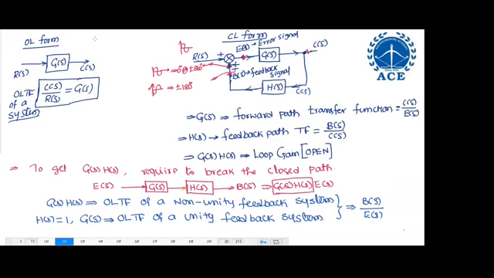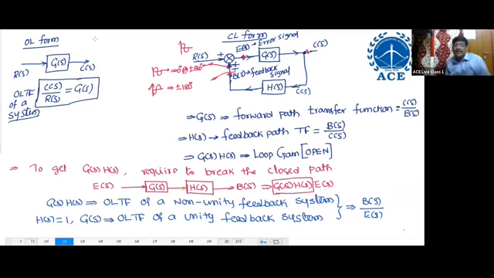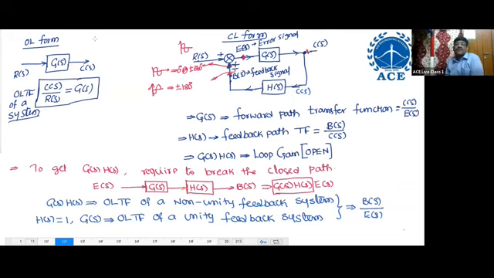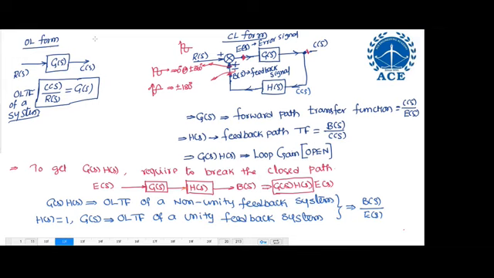Sir, I have a doubt in the S by T G relation. I did not get that point, sir. Can you explain once again? What is S T G? 1 by 1 plus GH, right? Yes, sir. S T H is minus GH by 1 plus GH. Numerator GH is there, right?